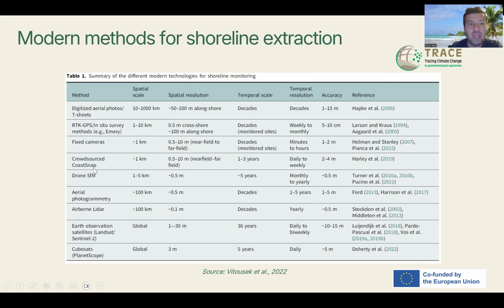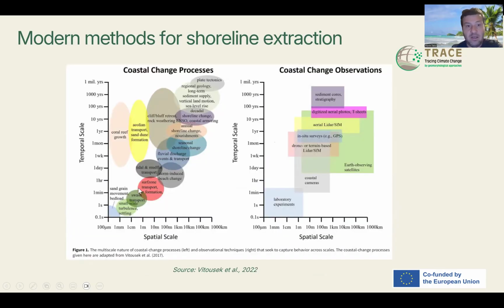Basically, you take a photo of a beach, and you can obtain the shoreline there. You can Google it, and it's very, very nice. We can also use structure from motion from drones, aerial photogrammetry, airborne lidar, Earth observation satellites, and we will speak about this today, basically, and also CubeSats, which are another type of satellites.